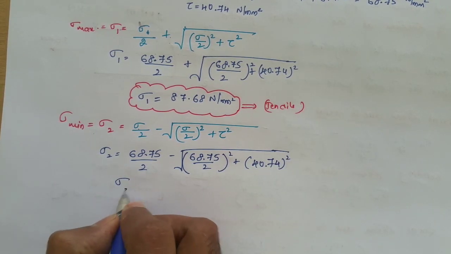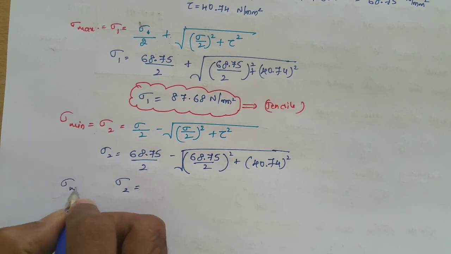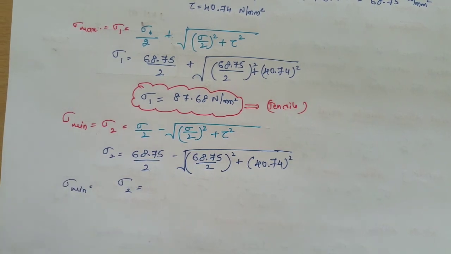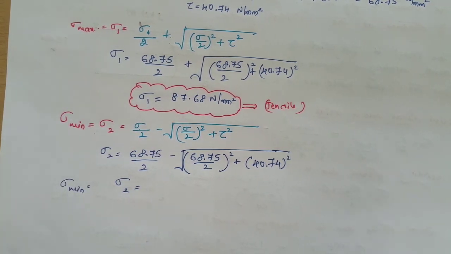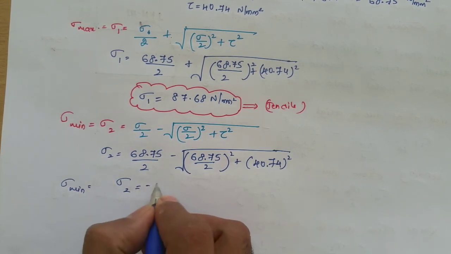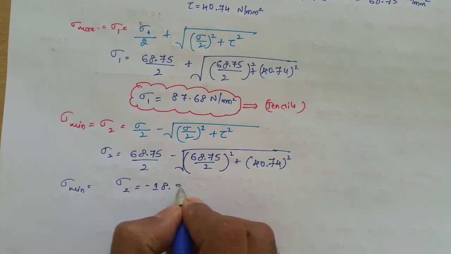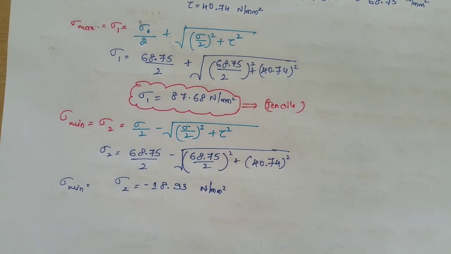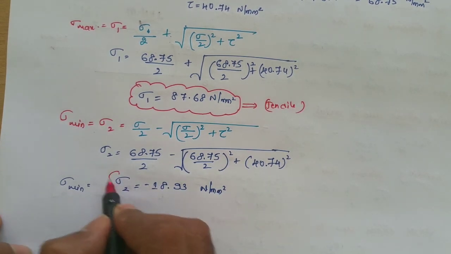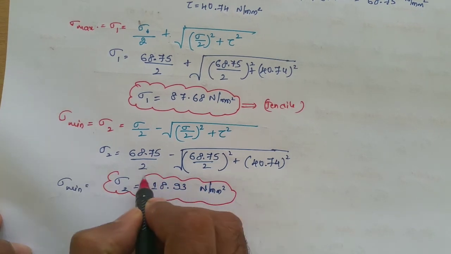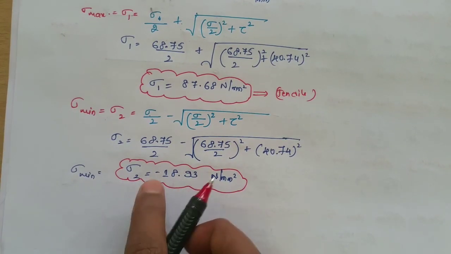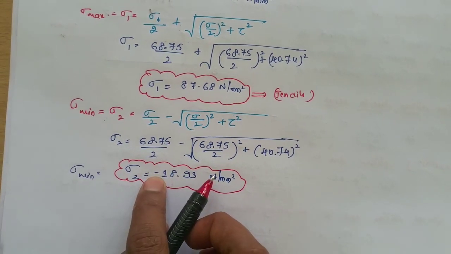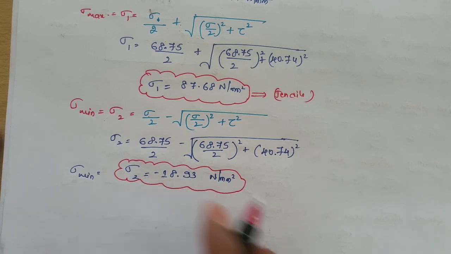Simplifying, we get minus 18.93 Newton per mm square. So this is our minimum principal stress at point A. We can see we have a minus sign here, which means this will be compressive in nature.